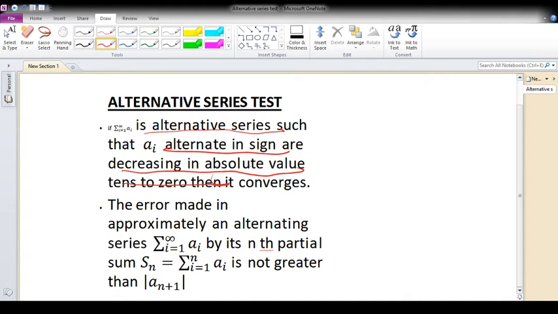The error made in approximating the alternating series, summation i equal to 1 to infinity, by its nth partial sum S_n equal to summation i equal to 1 to n of a_i, is not greater than a_(n+1).